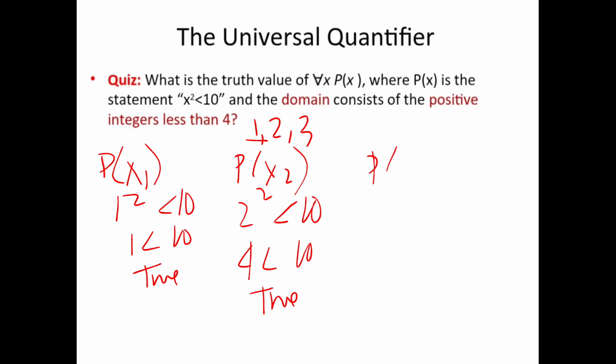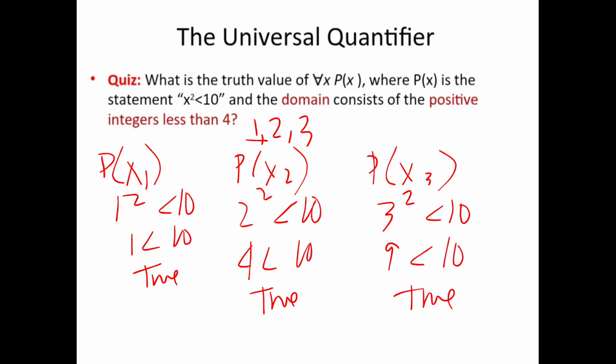And then p of x3, we have 3 raised to the power of 2 less than 10. We have 9 less than 10, which is true. So therefore, as we can see, since all of the elements are satisfied, true siya tanan, so it can then be stated that for all x of p of x, it is true.